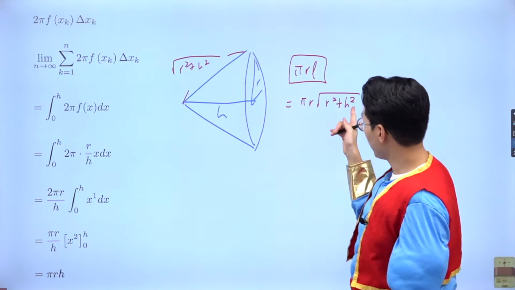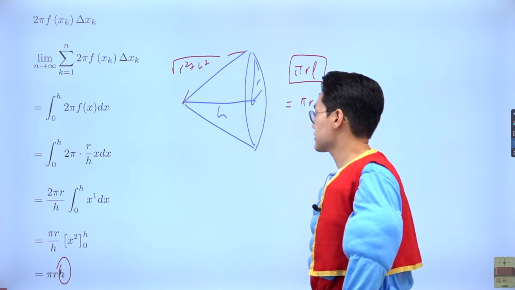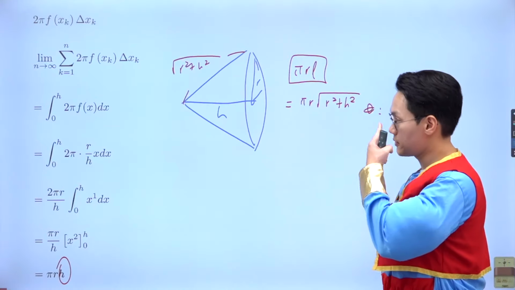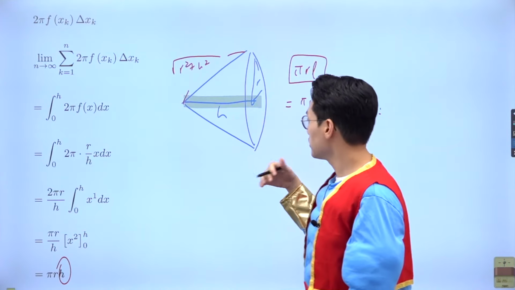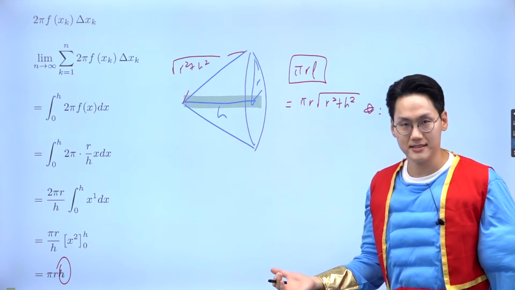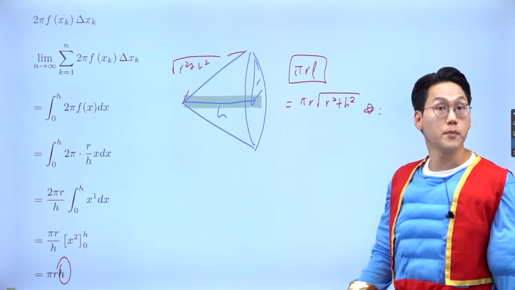But now, instead of having this slanted height, I had the height, right? So that's very confusing, right? Well, one thing I want to remind you here is that we approximate along the x-axis, where we know the limit of the x is going to converge to the edge, no matter what.